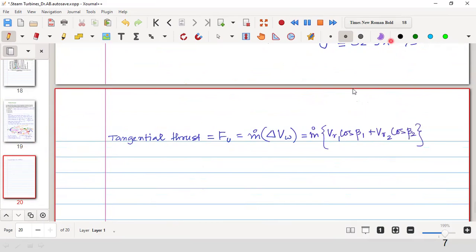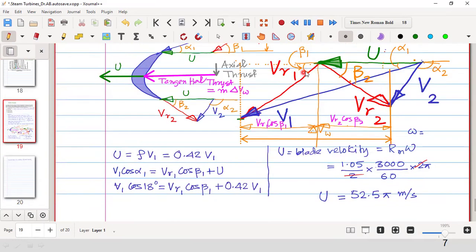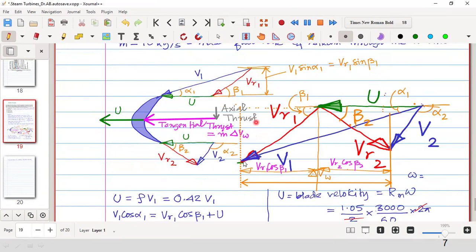Okay. So this angle is beta 1. Therefore, you see that this red line is VR1 and this angle is beta 1. So along the tangential direction, it will be cosine of that. And along the axial direction, it will be sine of that angle.